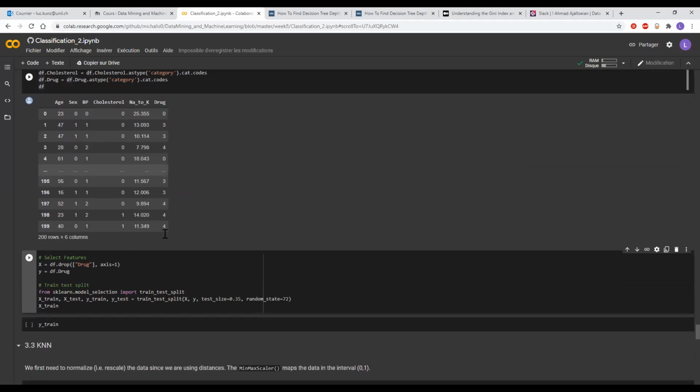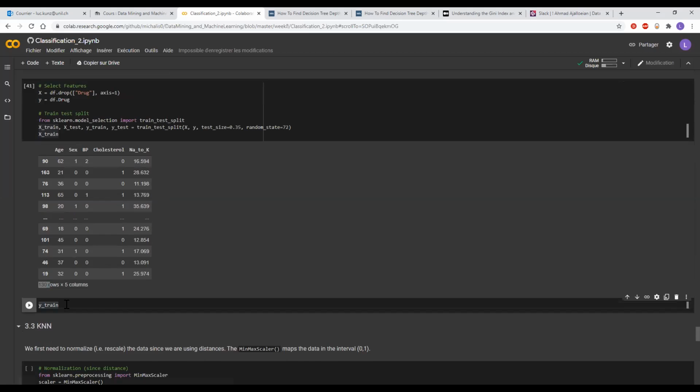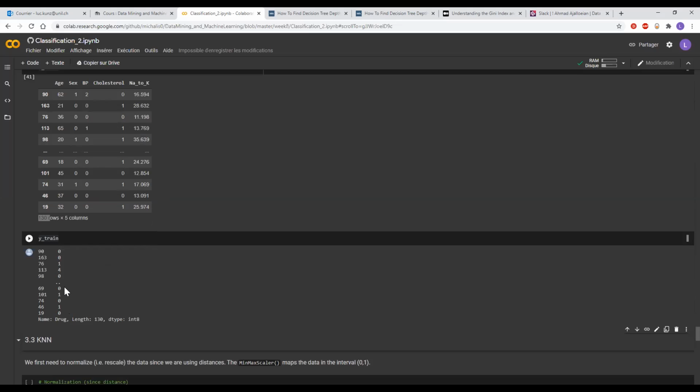We use, as always, the train test split, this time with a test size of 35%. And we select, of course, the X and Y. So we take the drug, we want to predict the drug, and we drop it so that we have our X features, and we end up with an X train of 130 rows, 130 people that we want to predict the category for.